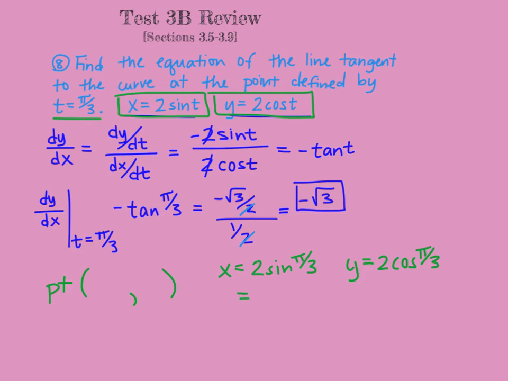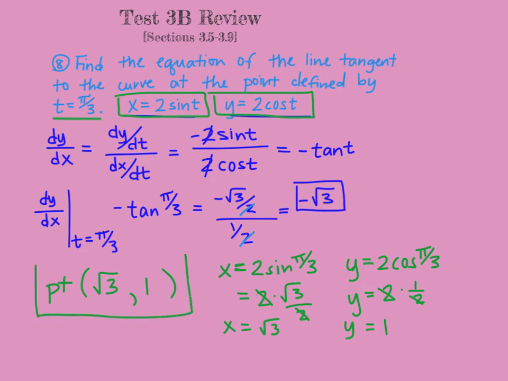The sine of pi over 3 is root 3 over 2, where the cosine of pi over 3 is 1/2. This value is root 3, and then this value is 1. So our coordinate point is root 3, comma 1.